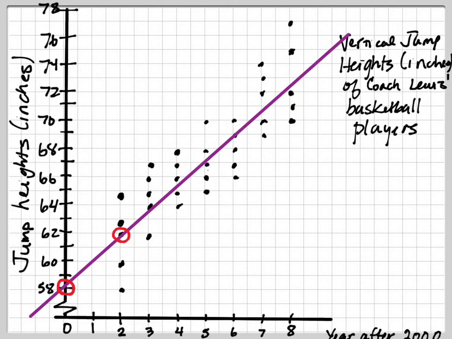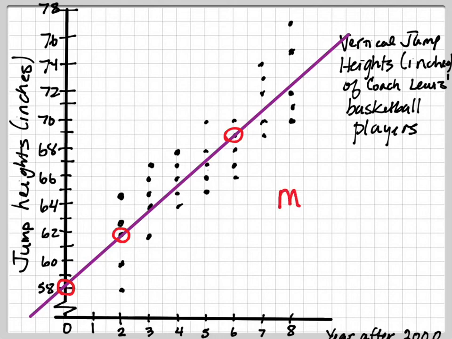That's the year 2, for 2002, and it's a height of 62. And I'd like to find another one where it looks like it's crossing just about like that too. This one actually here is really nice. So that one is the year 2006, and I'm at a height of 69. It doesn't matter which 2 points you take, you just need to make sure you're taking points on your line, not just random points of the scatter plot. Okay? So those are the two that I'm going to calculate.